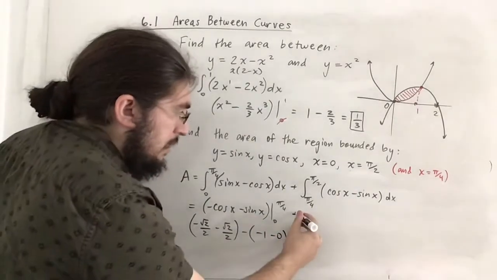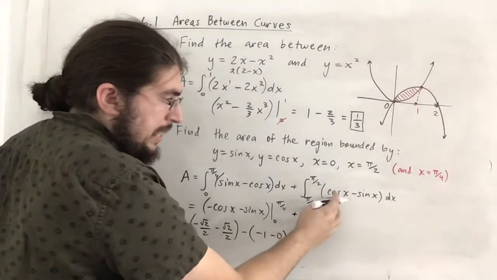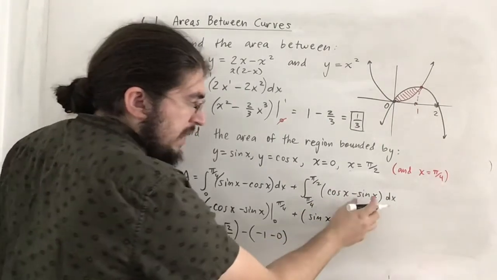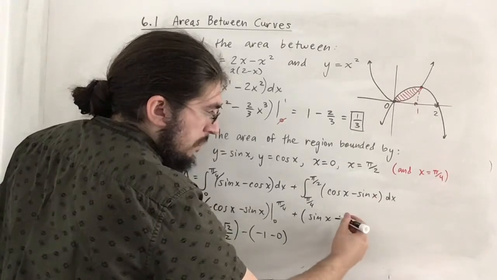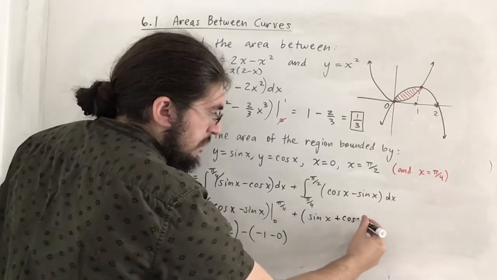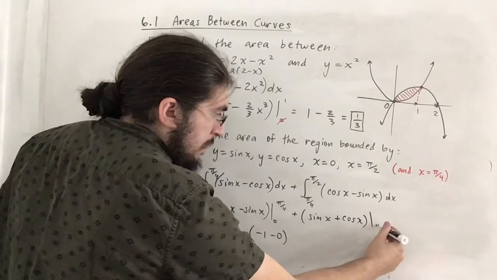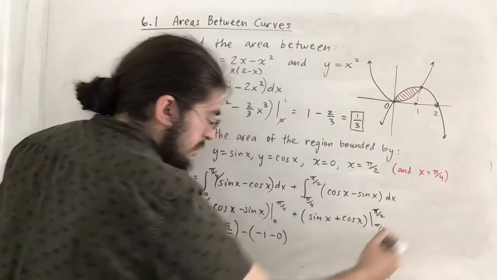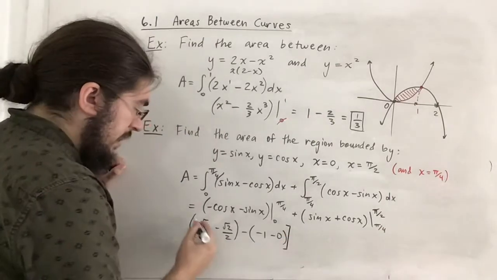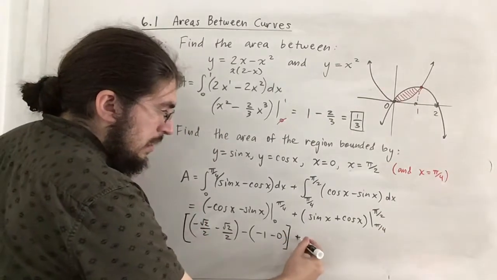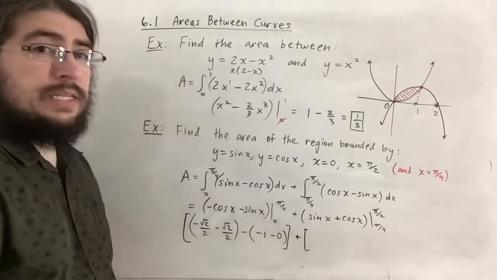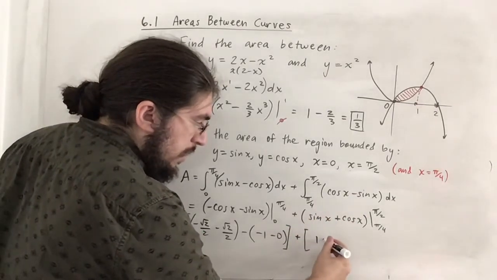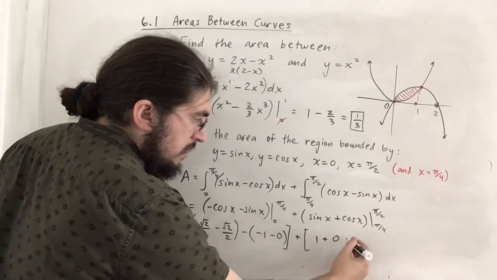And then plus, very similarly, the antiderivative of cosine is sine. The antiderivative of negative sine is positive cosine. Evaluate between pi over 4 and pi over 2. We have that first one in brackets plus this new one in brackets. Plugging in pi over 2 gives you sine of pi over 2 is 1, plus cosine of pi over 2 is 0.